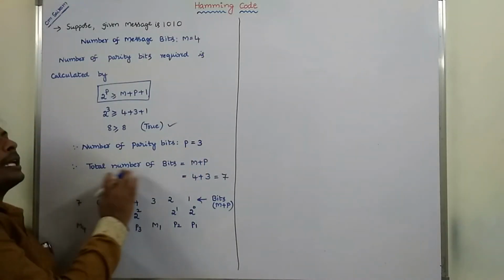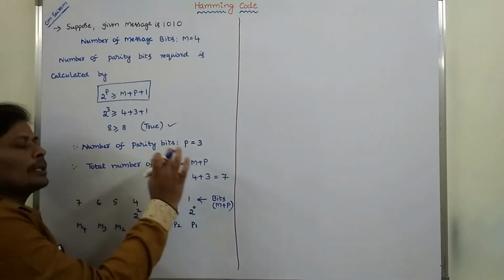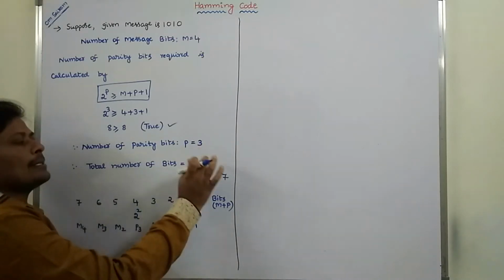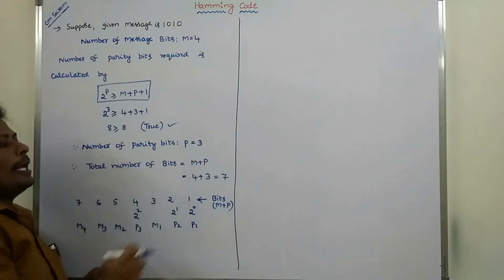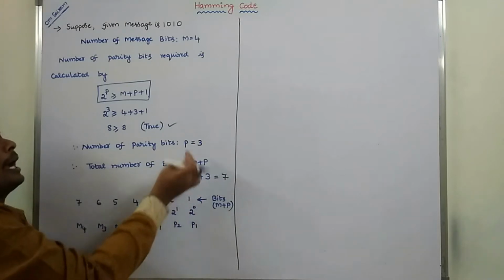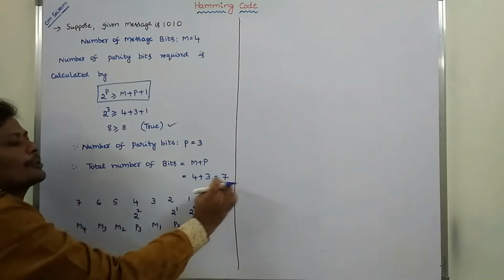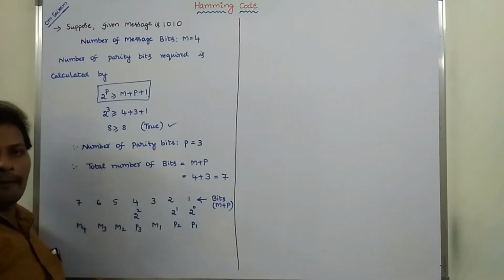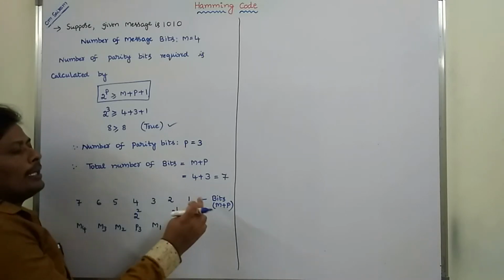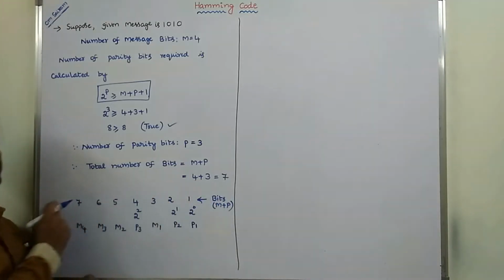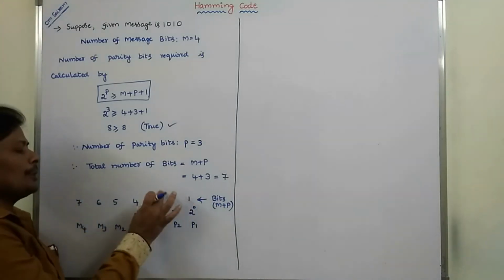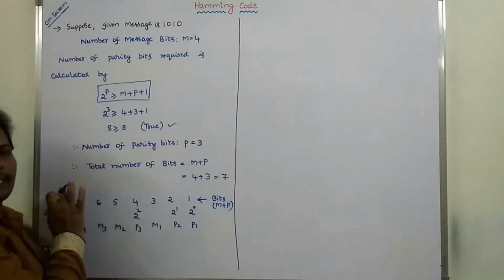Next, the total number of bits is equal to the number of message bits plus the number of parity bits. Here message bits is 4 and parity bits is 3, so 4 plus 3 is equal to 7. Now these 7 bits can be represented in this way: 1, 2, 3, 4, 5, 6, 7.